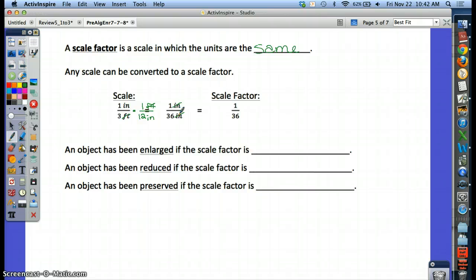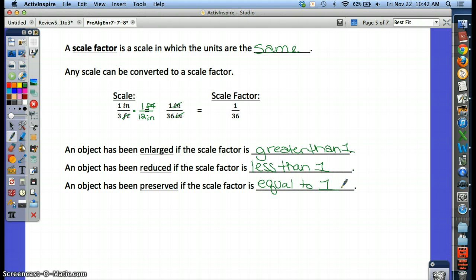If the object has been enlarged, the scale factor is greater than 1. If the object has been reduced, the scale factor is less than 1. And if the object has been preserved, which means it didn't change, what's left? Well, the scale factor must be equal to 1.